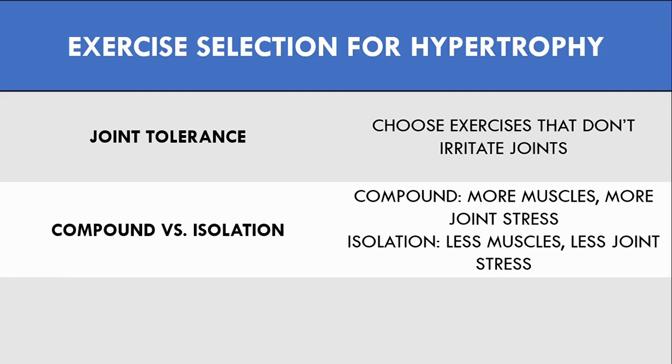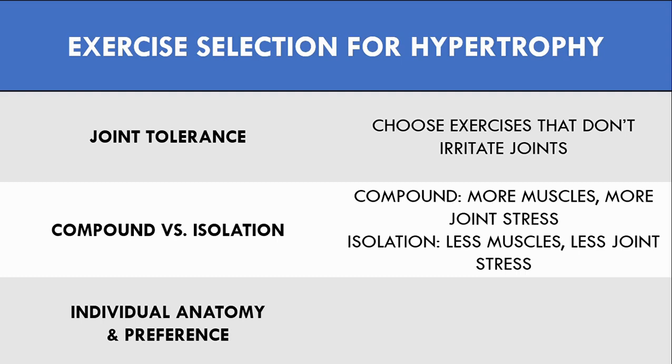On the other hand, performing only isolation exercises means that many more exercises need to be performed to accumulate the same volume for each muscle group. This is because compound lifts will train multiple muscles simultaneously, while isolation lifts will only target one or two muscle groups during the movement.